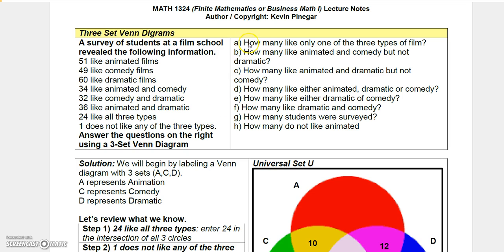And here's several questions that we can answer here once we fill out this 3-set Venn diagram. Like, for instance, how many like only one of the 3 types of film, how many like animated and comedy but not drama, and so forth. But we'll return to these questions once we can fill out the Venn diagram.